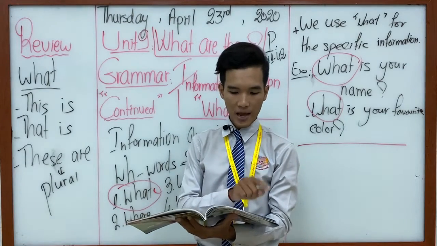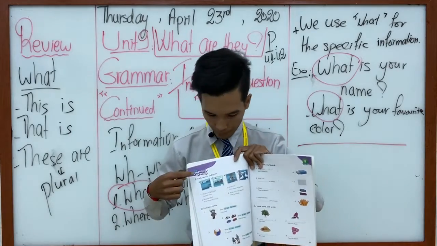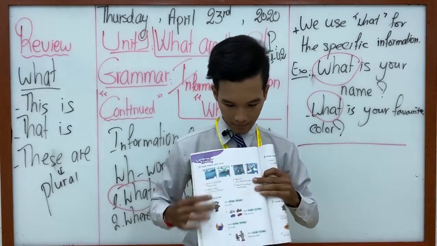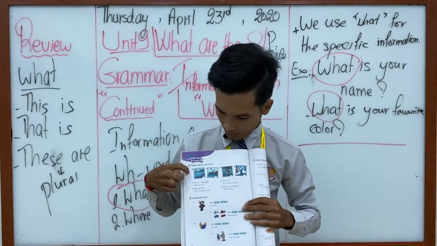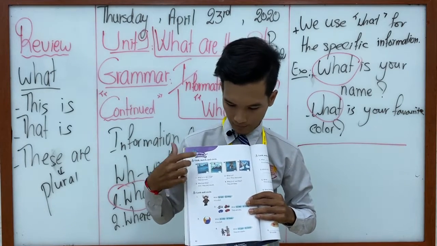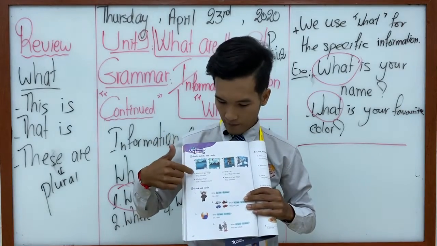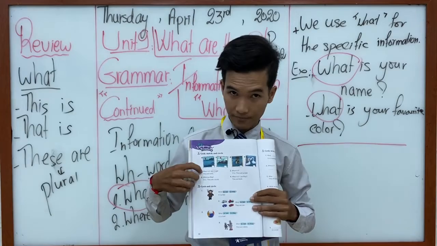Now we have 4 pictures. Okay, we have 4 pictures. Showing you the picture is much better. The first thing we have to do is match the picture to the sentence, and then we circle the correct question, right?